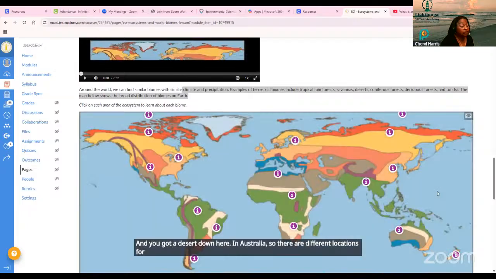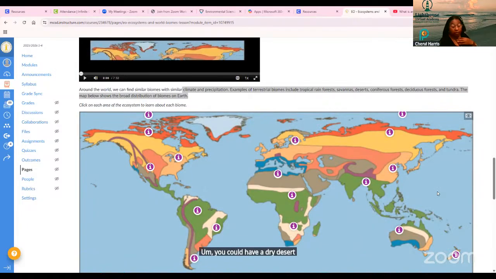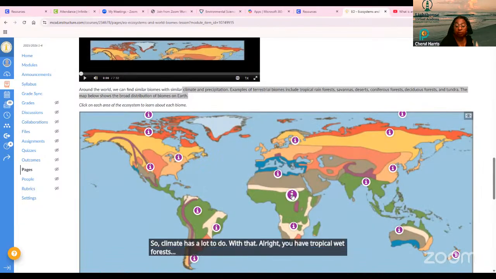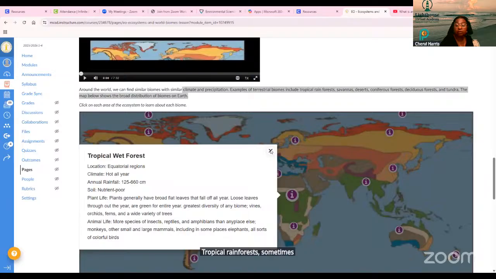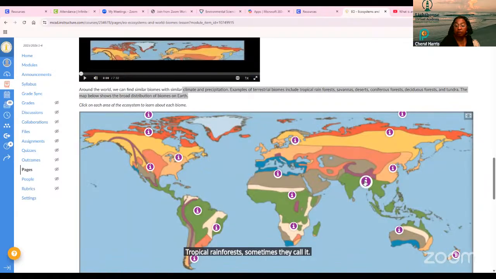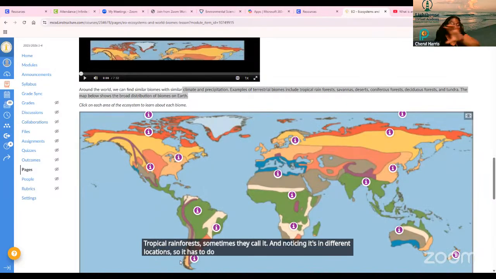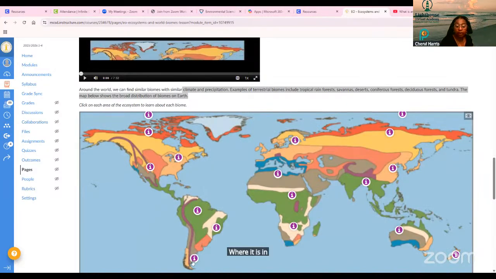Deserts can also be dry or wet, so climate has a lot to do with that. Then you have tropical wet forests, sometimes called tropical rainforest, and notice it's in different locations. It has to do with where it is in relation to the equator.